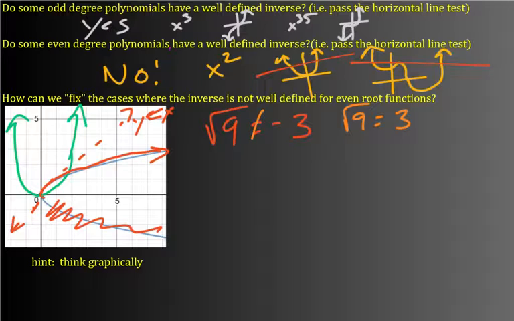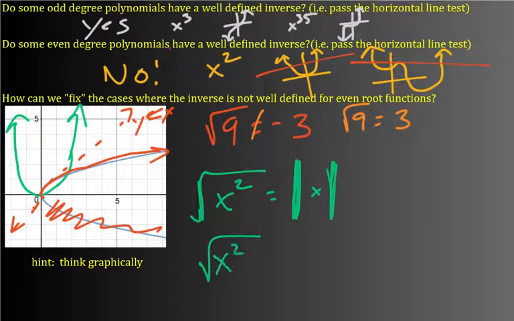So for square root of x squared, if you ever are doing this, the correct way to write the answer is absolute value of x, not x, okay? Square root of x squared does not equal x, because if square root of x squared equaled x, then you would get the weird not-a-function kind of thing.